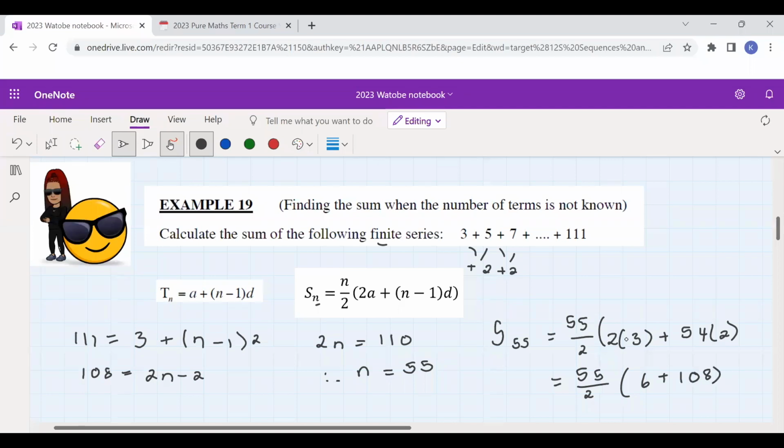Let me check on my calculator. I hope I haven't made a mistake. I make mistakes too. 3135. So S of 55 is 3135.